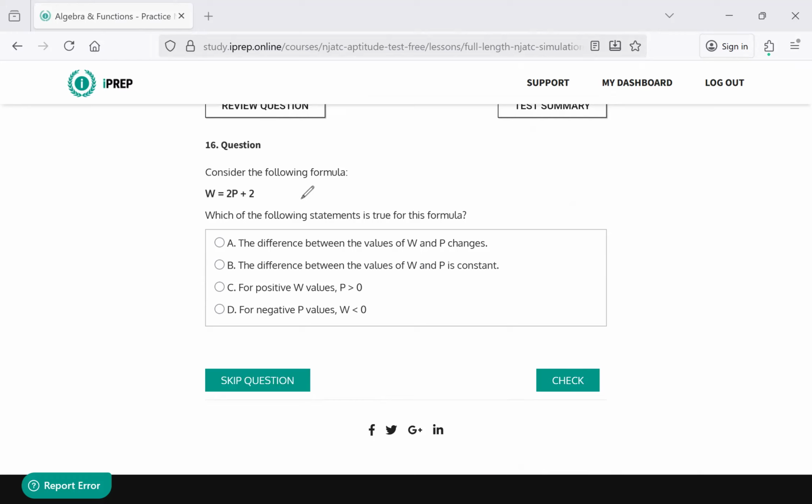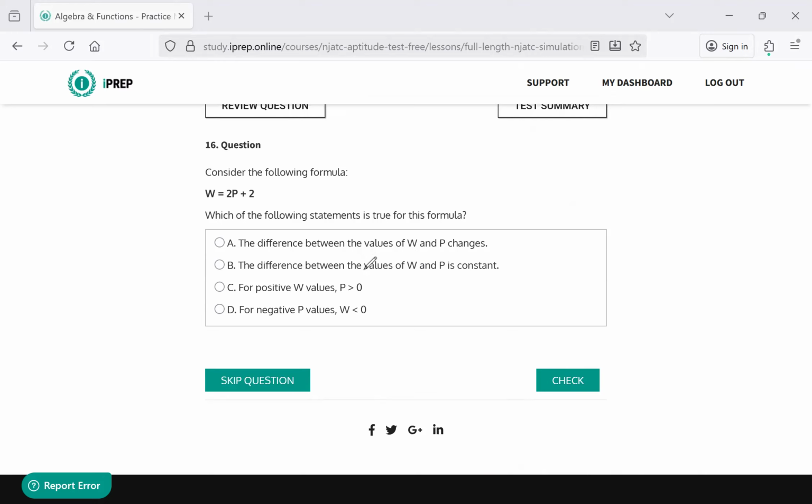Actually, I don't think we have to draw the graph. So what we could do is, W equals 2P plus 2, just substitute. Yeah, we'll just test each one.